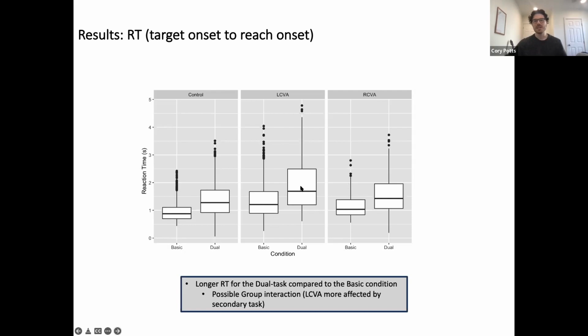And so one possibility is that this could be rooted in the linguistic demands of the secondary task. So they are making some kind of utterance when they hear the high tone as compared to the low tone. So it could be that the LCVA group, due to linguistic deficits, is showing kind of a greater impairment. But the big take-home message from this is just that the secondary task worked in the sense that it's creating higher demand compared to the basic condition.